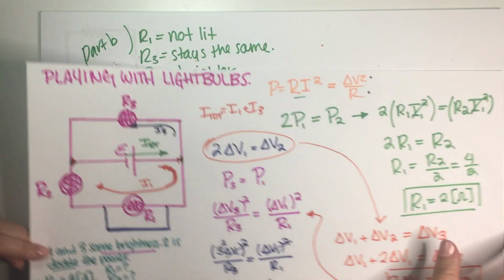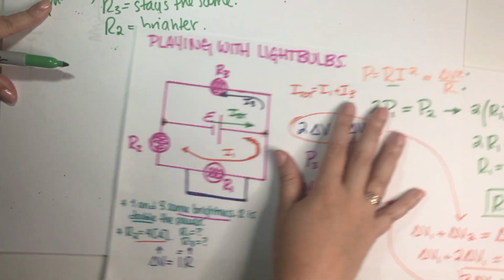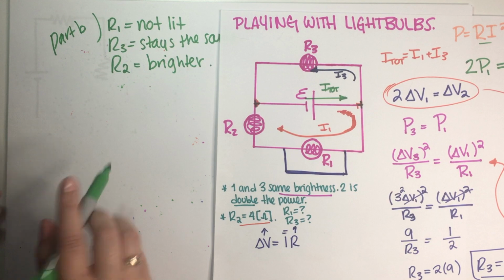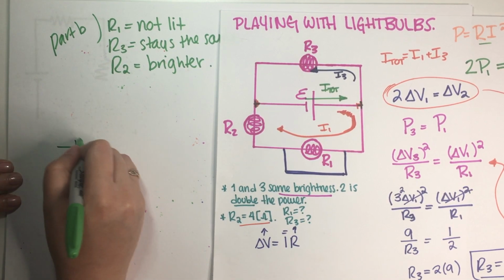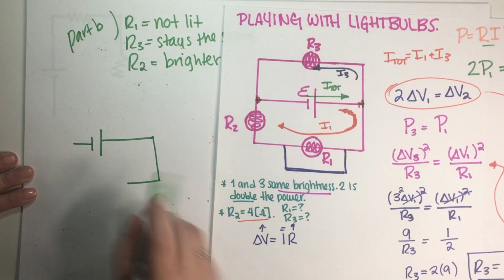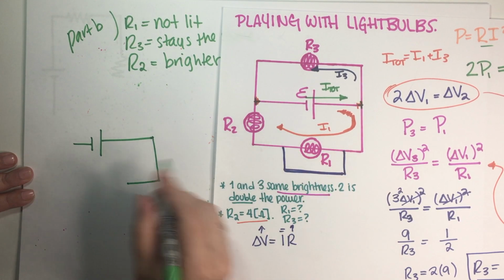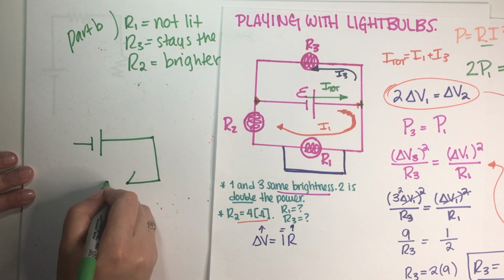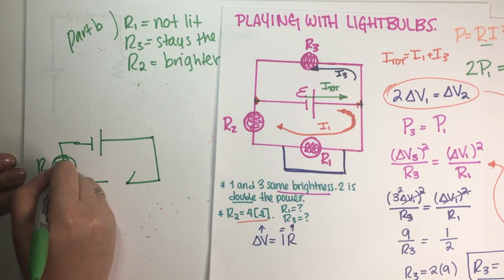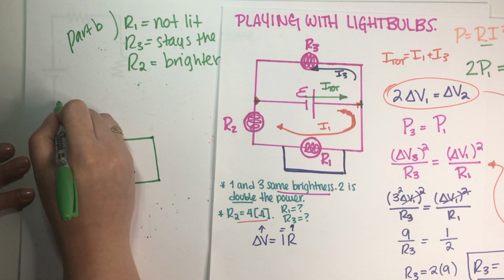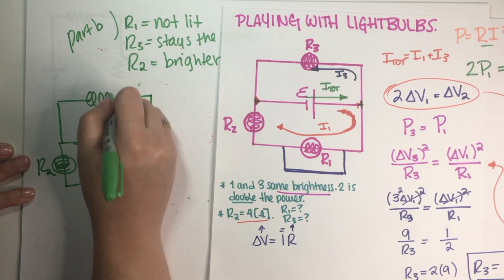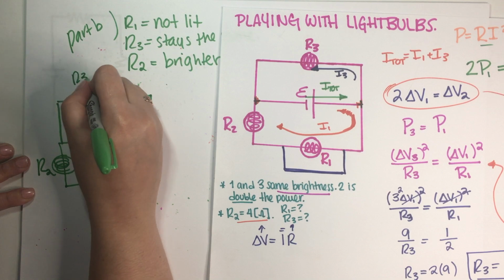Okay, so now I'm gonna redraw my circuit. We have our battery like this, but now instead of having this one, it burns out. So this is R2 and this guy is still R3.